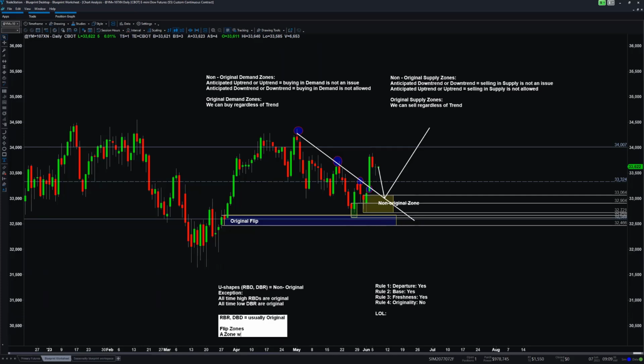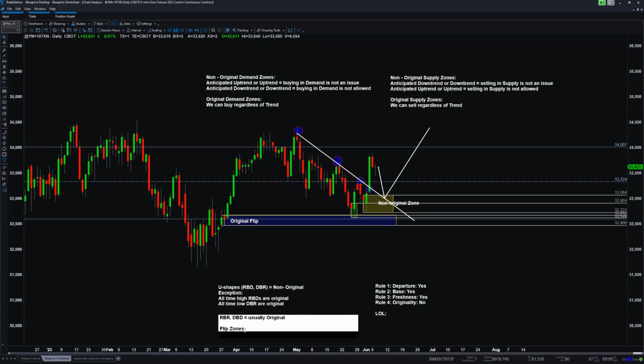a zone where the control of price flips. Let's put it this way.